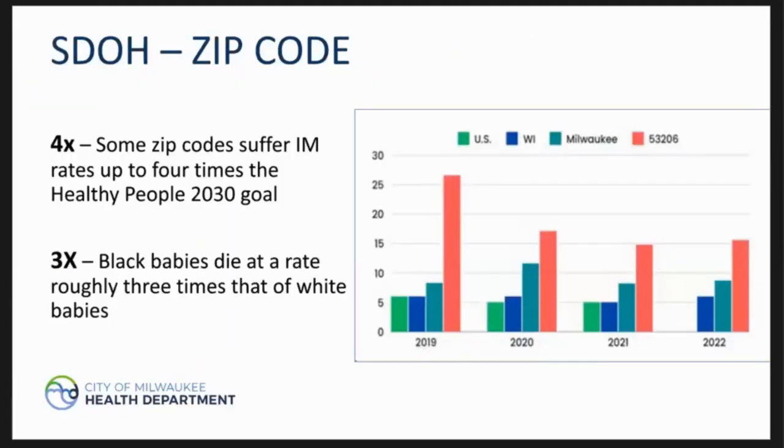So this is just a little bit of an expansion of that previous one. It brings in the specific zip code of 53206, which has some notoriety, of course. Infant mortality is seen as a measure of community health, not just of that one baby or that one mom or parent, that is community health.